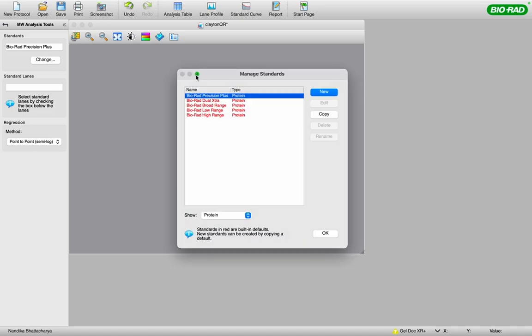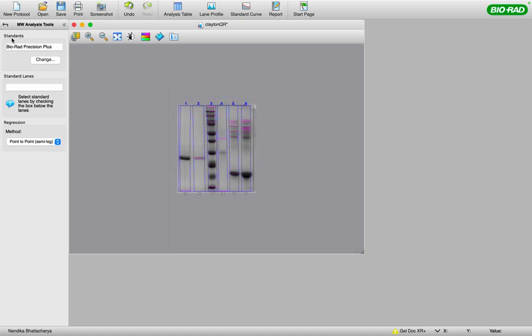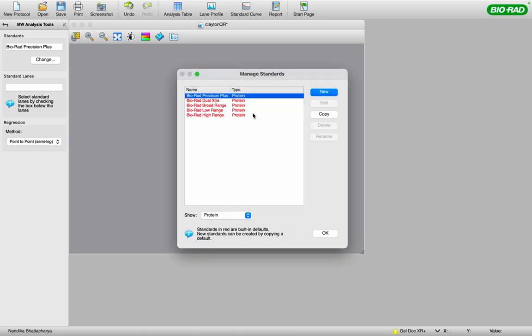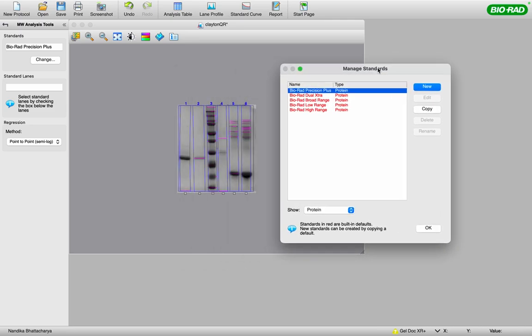Here you will see a box called standards, and that refers to which standard we have run over here. Let's see what standards they have. These are all protein standards because this is a protein gel. I know which standard I used, which is Bio-Rad Precision Plus. Depending on which reference you have used, you have to input that. All of these have different ranges of molecular weights: low range, high range, broad range.